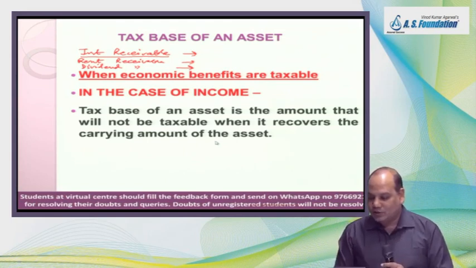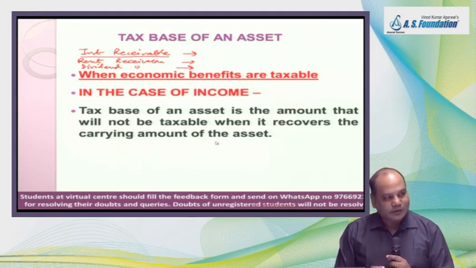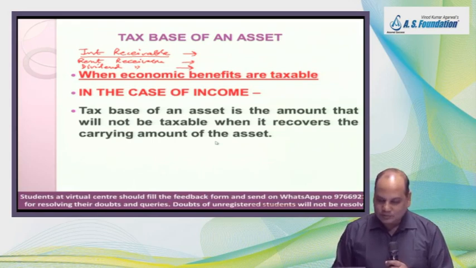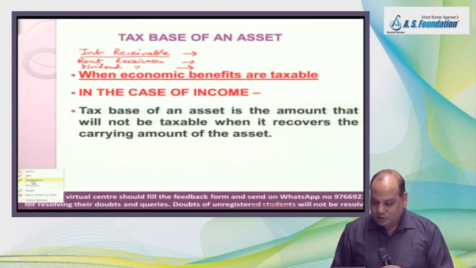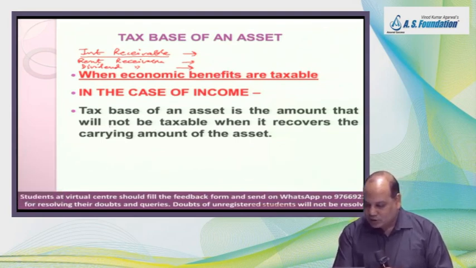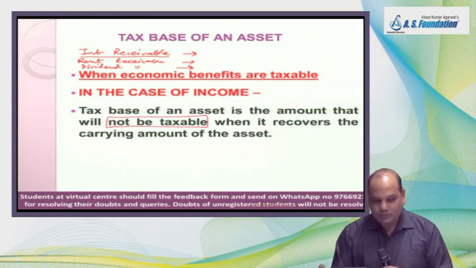Tax base is the amount that will not be taxable when it recovers the carrying amount of the asset. So what amount will not be taxed in future when we recover the carrying amount of the asset? Amount not taxable. Underline this much. And then with an example, I'll tell you a logic. And once you understand the logic, you will not go wrong.